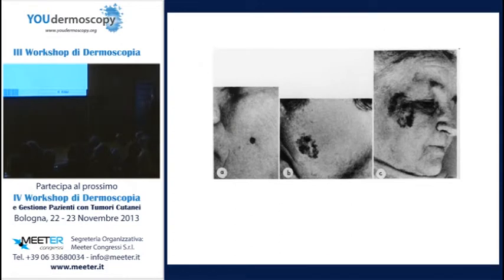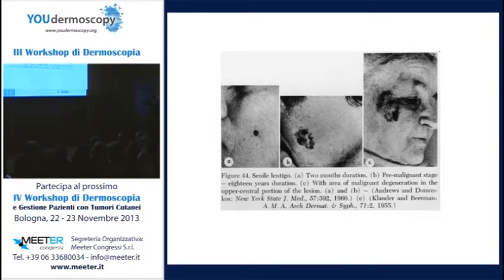If this is true, then this is, for example, from the history. This is also what the others thought 60 years ago. What we see here is an obvious melanoma on this patient, and this is the obvious melanoma some years ago, and this is the obvious melanoma even some years earlier. You agree with me with this interpretation? Now let's look what they told us 40 years ago.